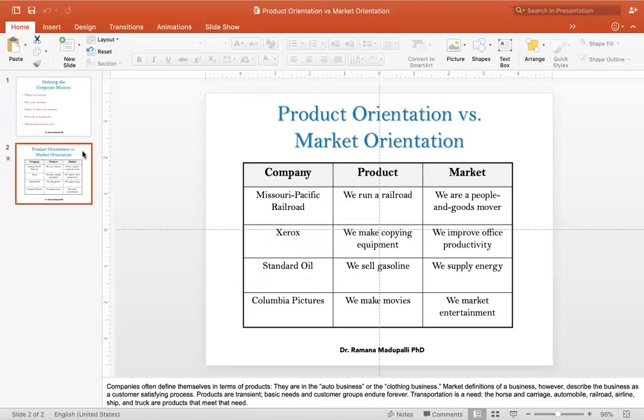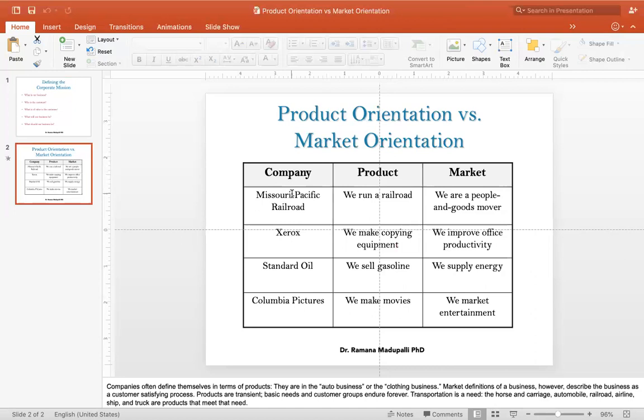Coming to the point, product and market orientation. Well, it's very simple if you think about it. As the word speaks, product orientation: if an organization emphasizes only on the product, I repeat, only on the product, then it is a product-oriented company.